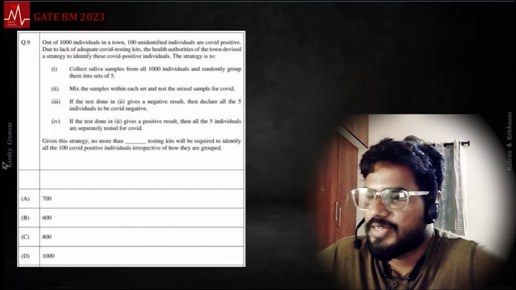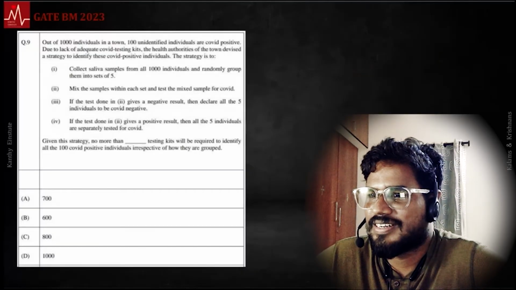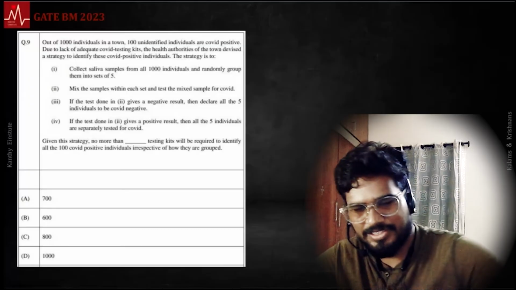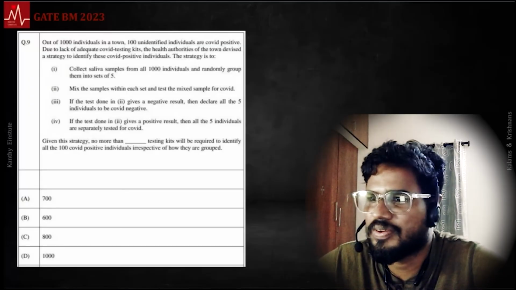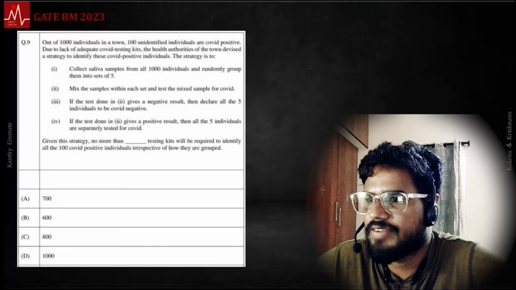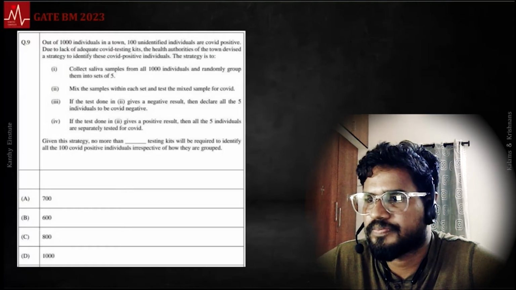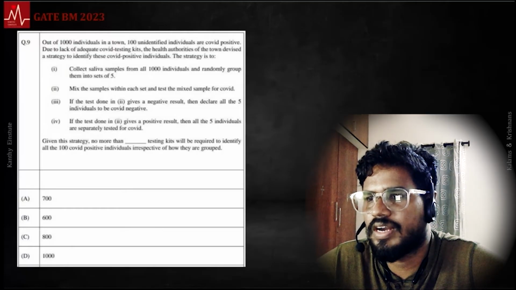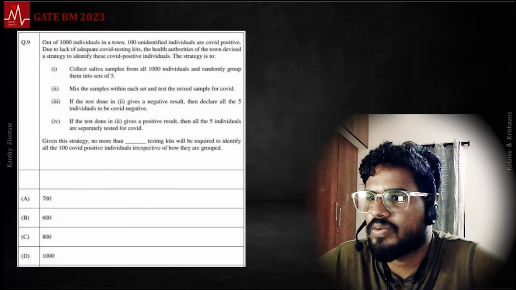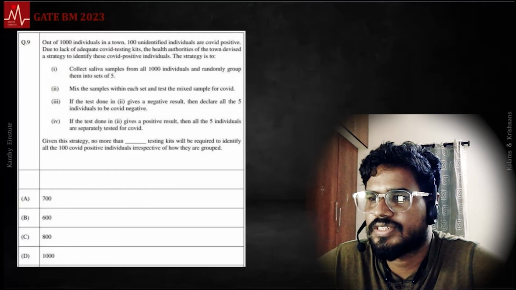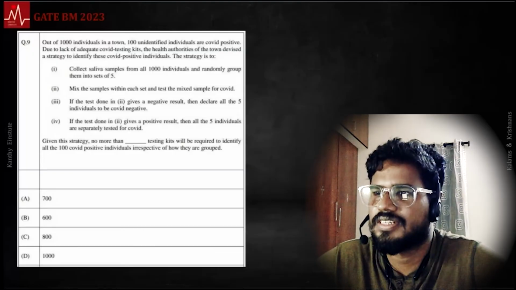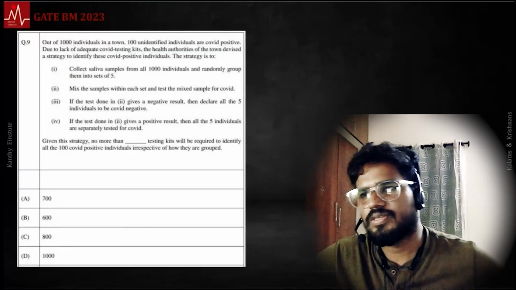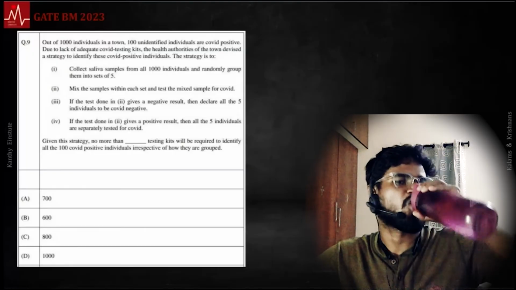Out of 1,000 individuals in that town, 100 unidentified individuals are COVID positive due to lack of adequate COVID testing kits. Health authorities of the town devised a strategy to identify these COVID positive individuals.